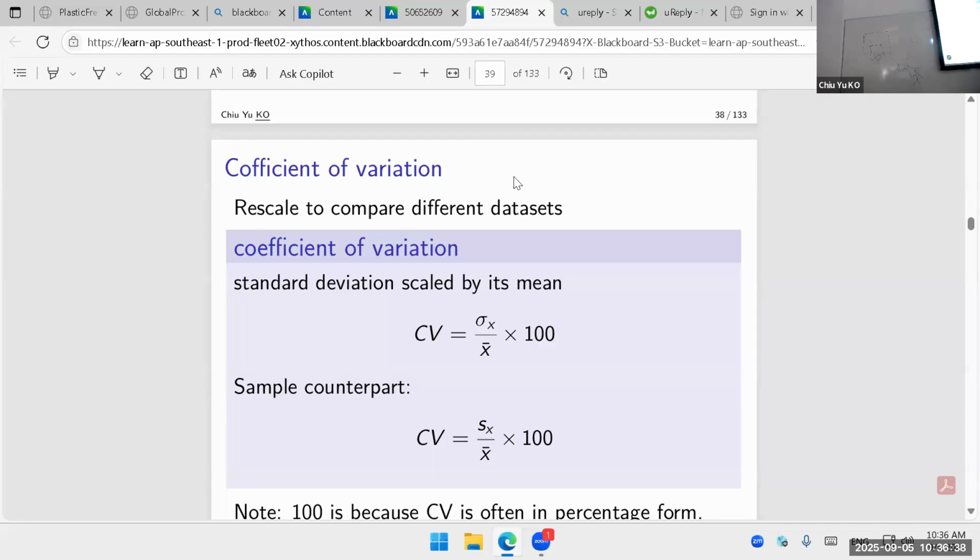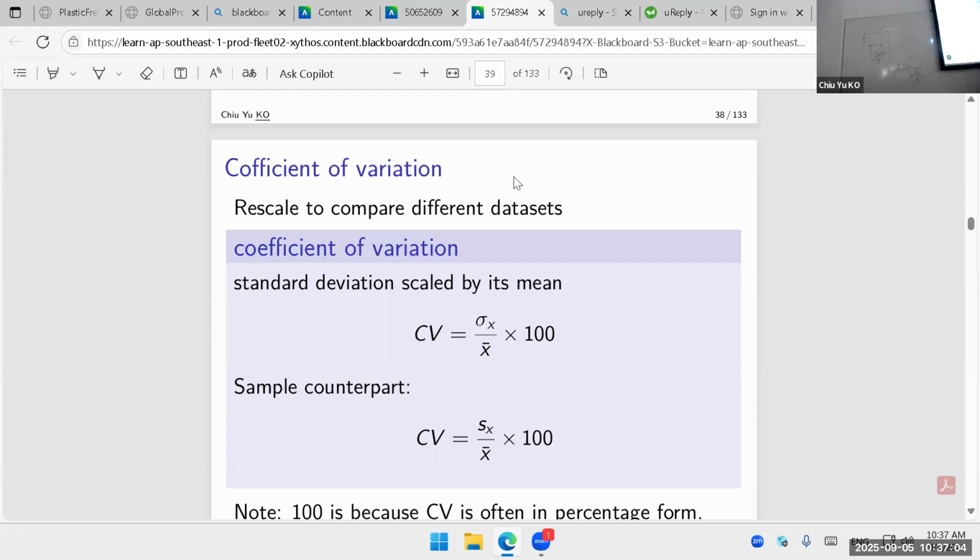Nothing deep there, but it's useful when you compare across different things. Or you compare the coefficient of variation of this section with the section taught by another professor, because maybe my full mark is 100, the other professor's full mark is 200, or the full mark is 70 or any number.